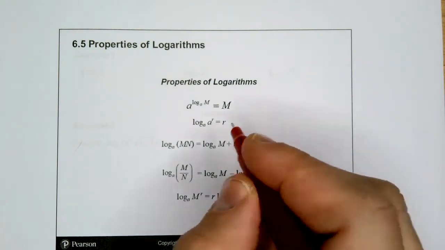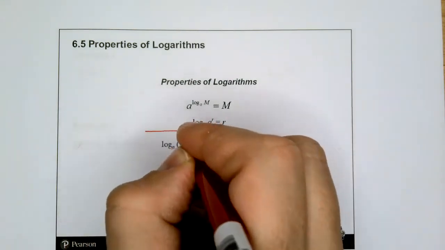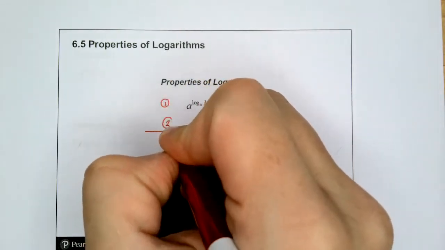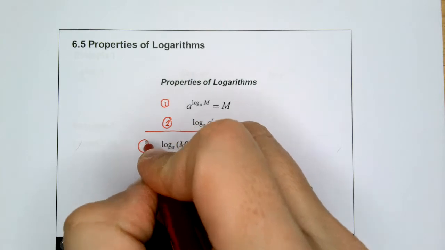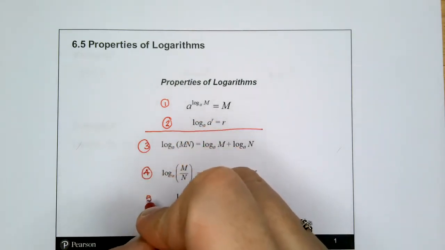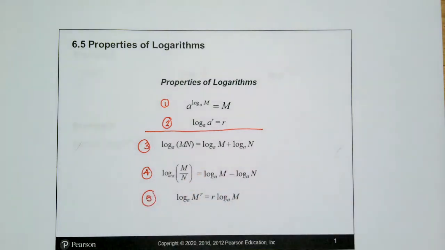So I'm going to separate the first two from the last 3. And then I'm going to label these. I'm going to label this side.